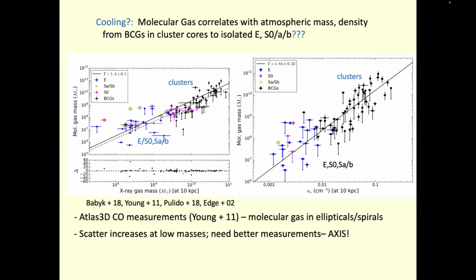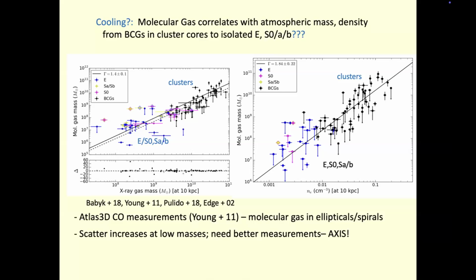And what you can see in the clusters, if we were just to isolate the clusters alone, there's a very strong correlation between molecular gas and the gas density in the cores of clusters. That gas density also translates into short cooling times. And so we see a clear relationship between the molecular gas and cooling.